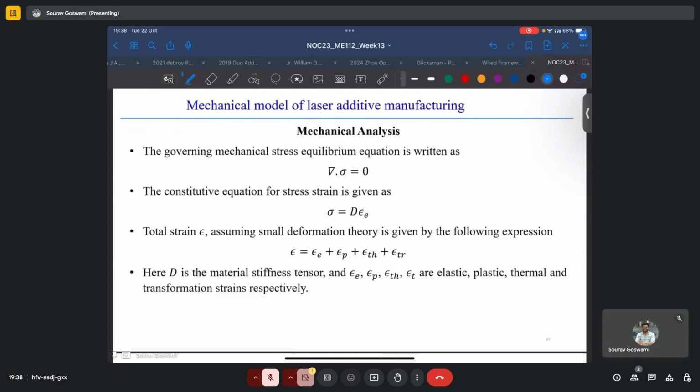D, as we know, will be the material stiffness tensor. In one dimension, this is just the Young's modulus, but when you're talking about three dimensions, this will take on the form of a tensor.